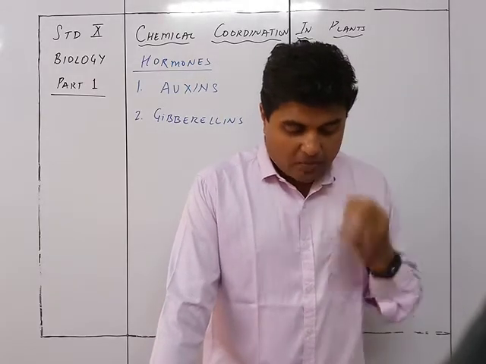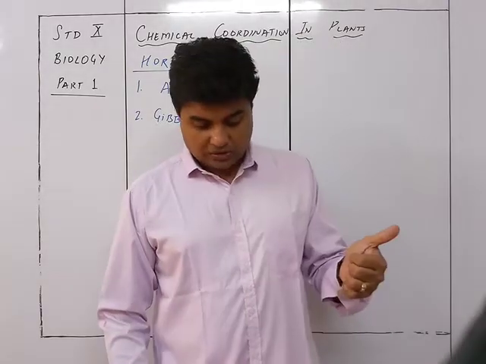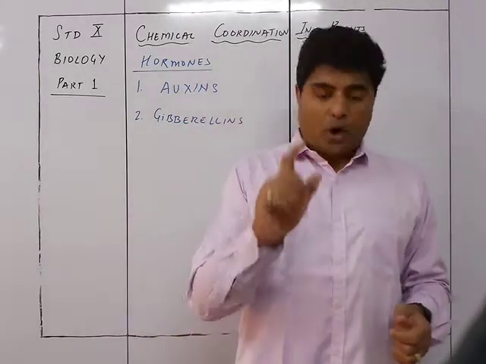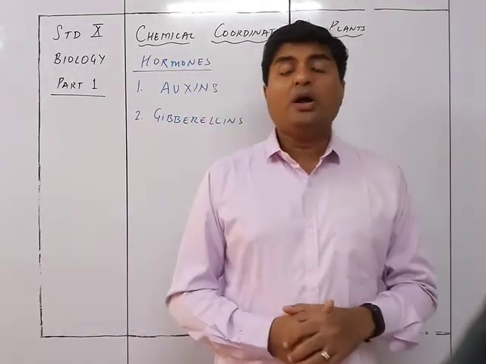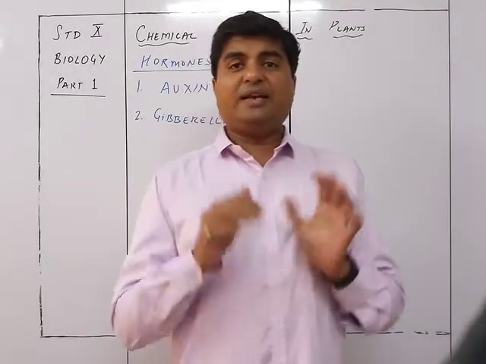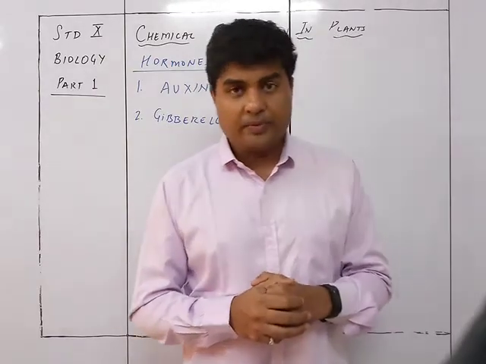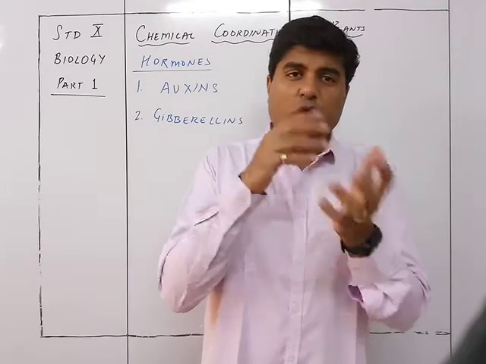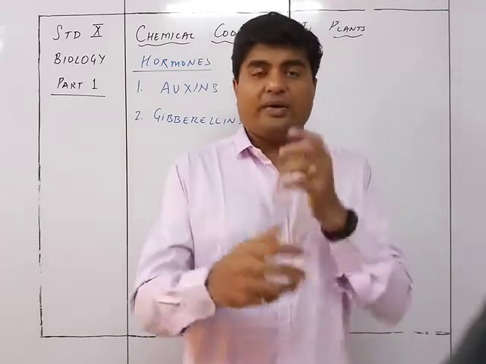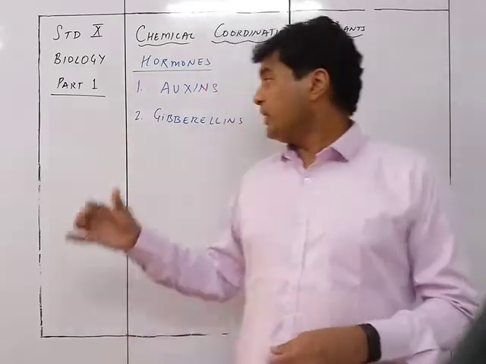The main function is to promote the growth of internodes, so cell elongation, promote fruit growth, break seed dormancy and initiate germination. So whenever the seed is initially in a dormant condition, once the favorable conditions are available to it, removing the seed from its dormant state and allowing it to initiate the germination process is done with the help of gibberellins.